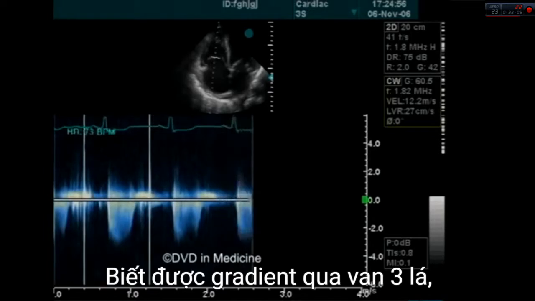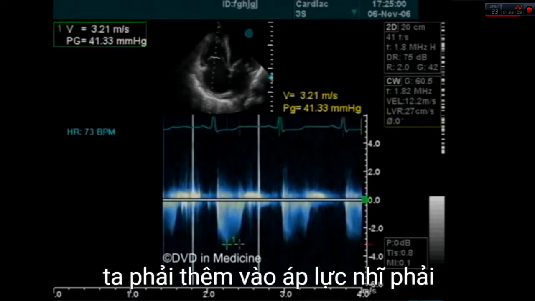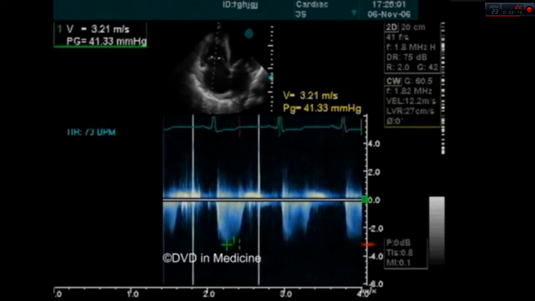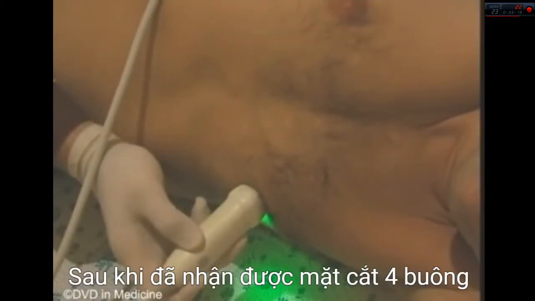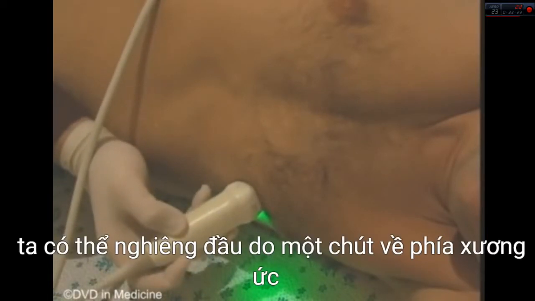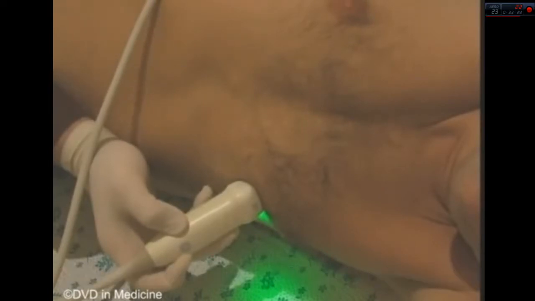Knowing the gradient across the tricuspid valve, one must add the right atrial pressure to determine the right ventricular systolic pressure and pulmonary artery pressure. After one has obtained an apical four-chamber view, one can tilt the transducer a bit towards the sternum in order to obtain a so-called five-chamber view.